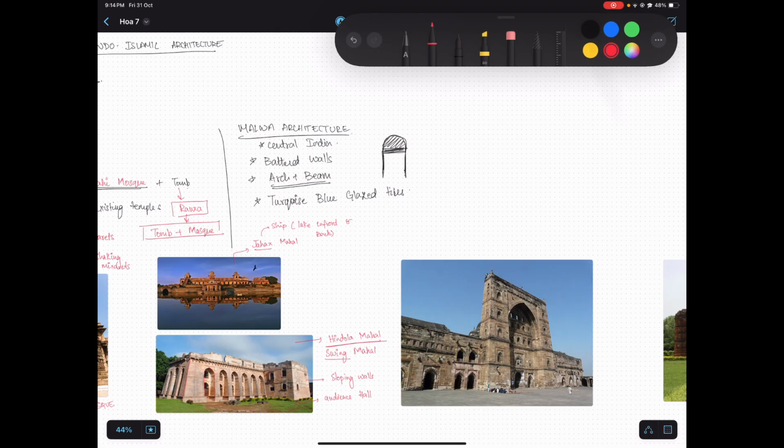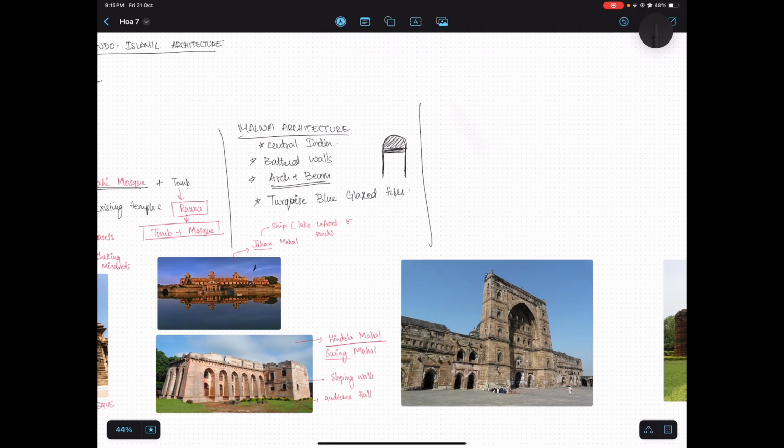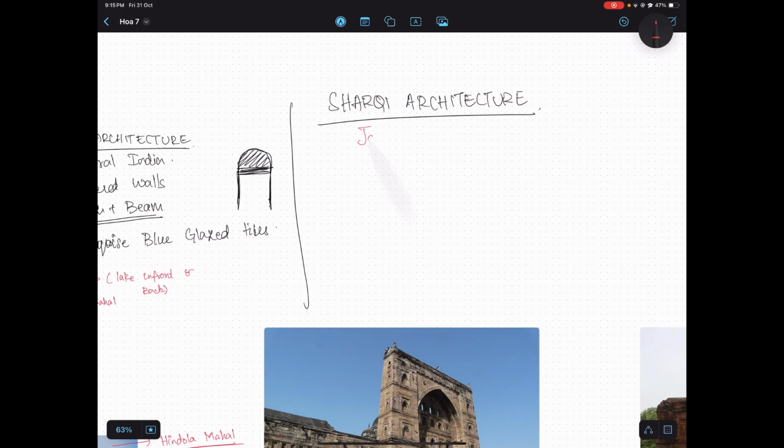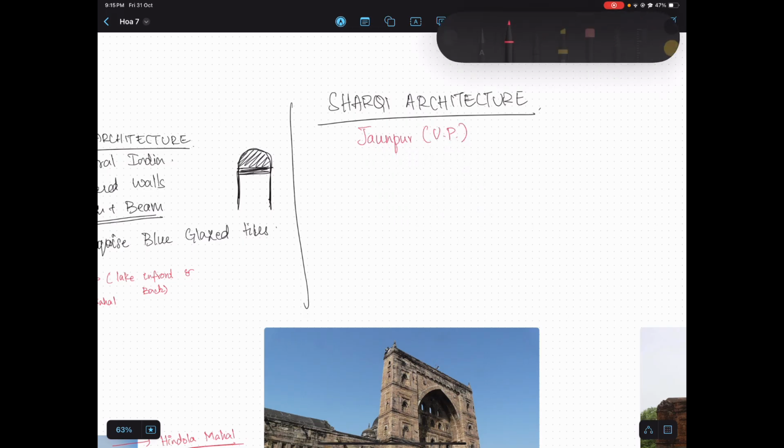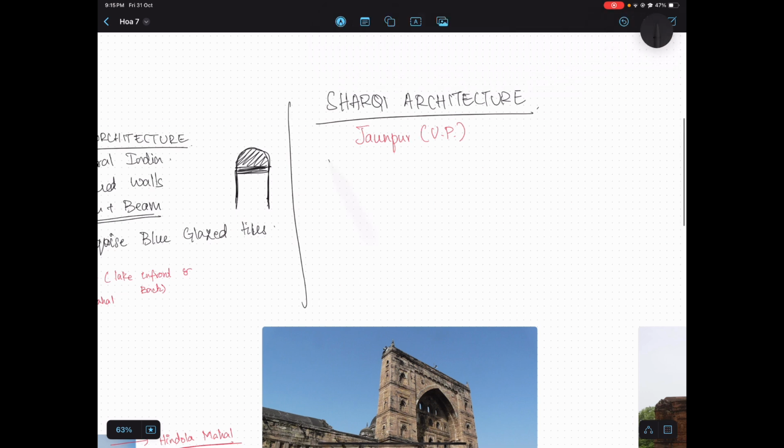Then let's move on to Sharqi. Sharqi architecture is mainly in the region of Jaunpur, which is in UP. One important feature of them is that they have a multi-storied stone screen for welcome.